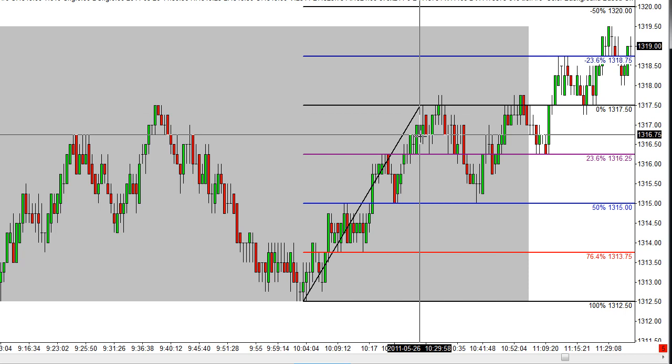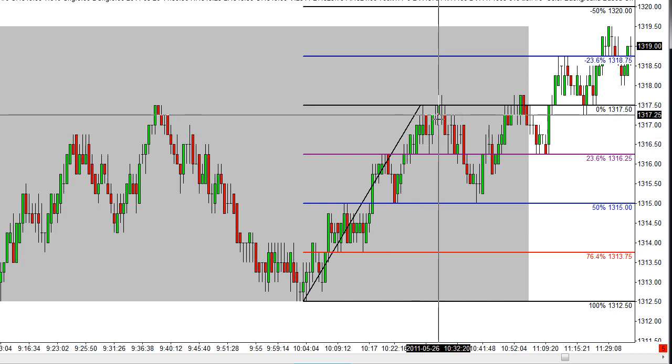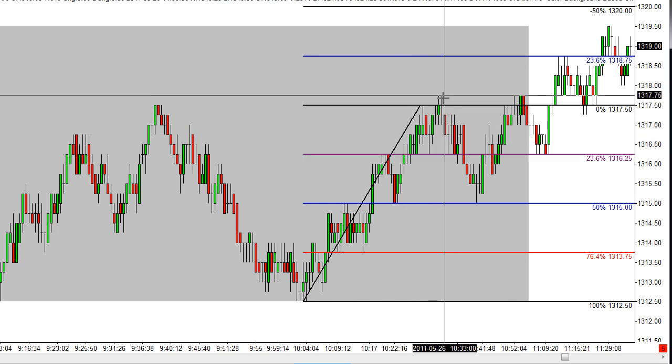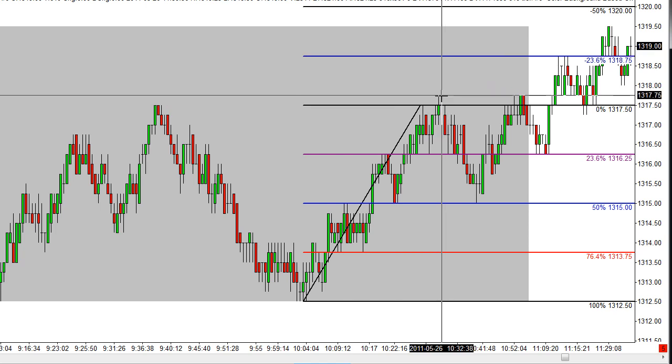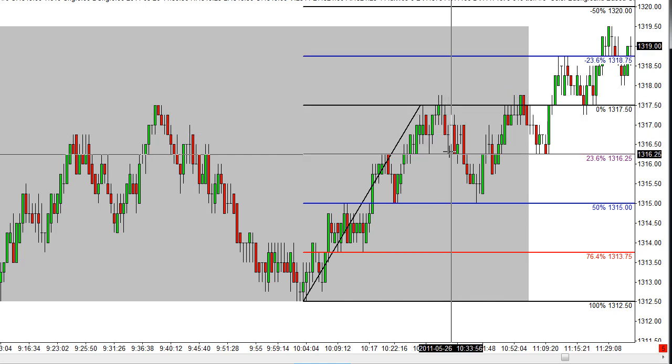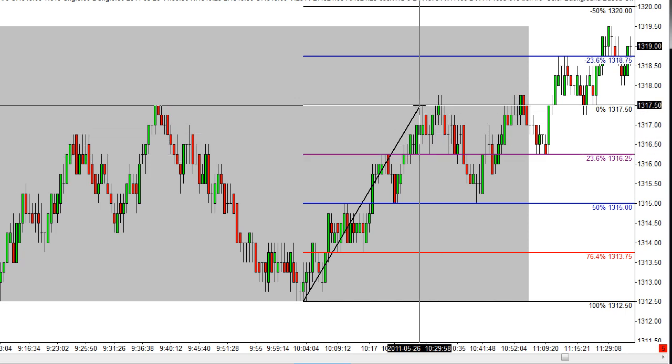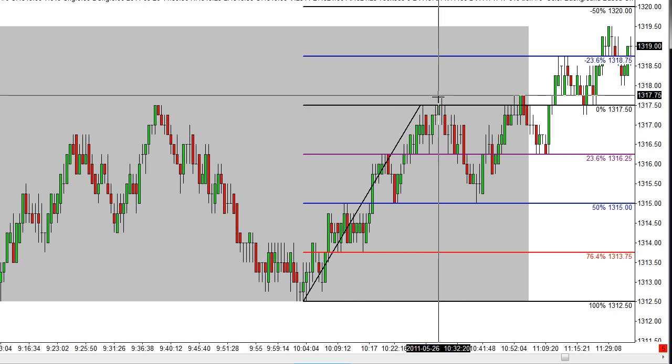Then as you can see, once again, price does not retrace back to the 50% level, but instead it breaks the 0% line. It doesn't get past half the distance between these two levels, and then retraces back to the 23.6% level. So as soon as it retraced back here, I would move the 0% line again to the new high that was made. This is according to rule number 1 on moving the 0% line.